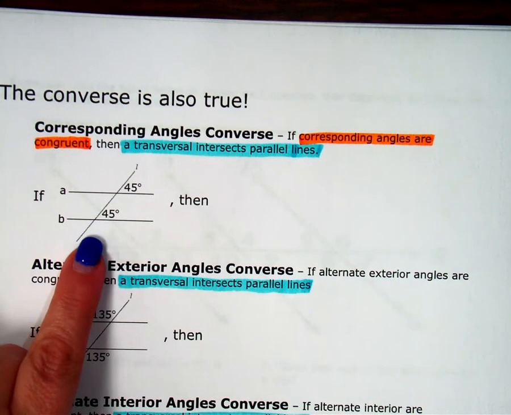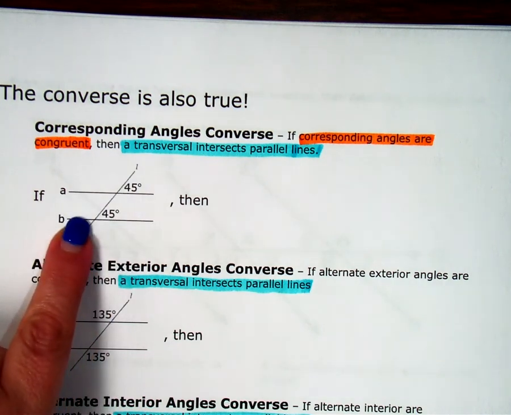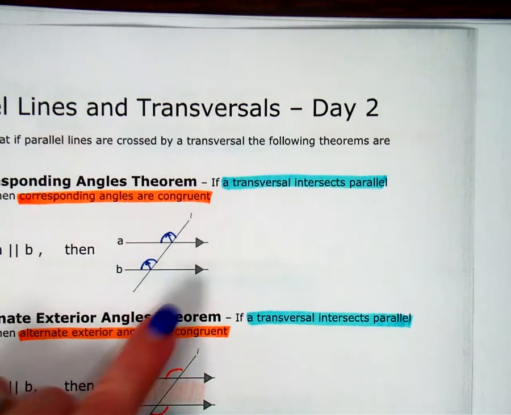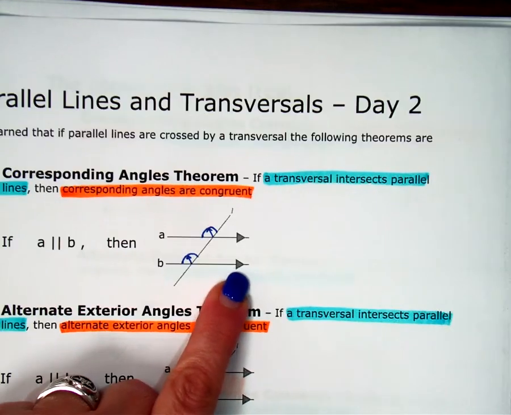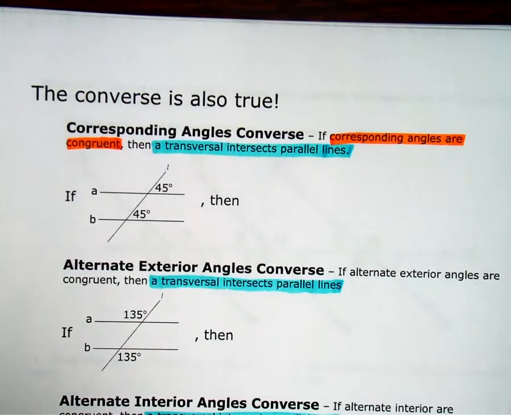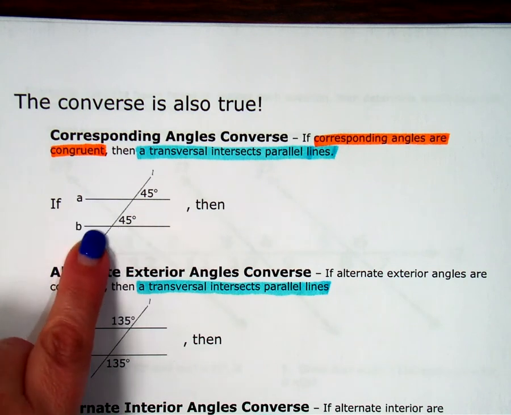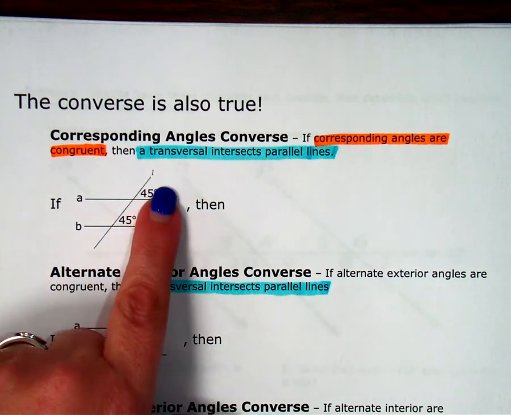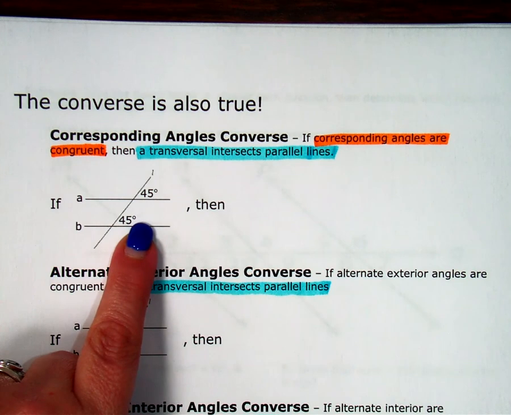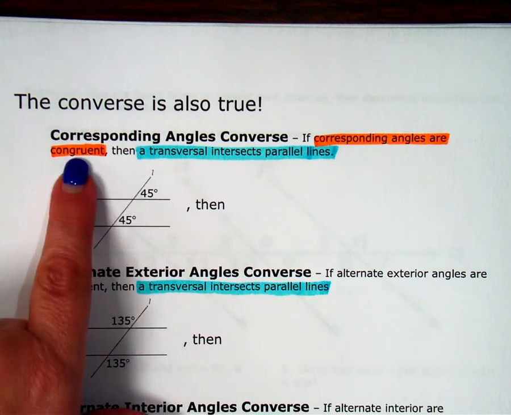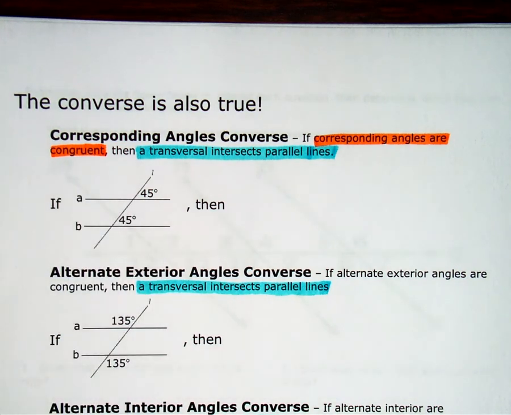Okay, so notice in my picture I don't have those little parallel triangles. Remember before I had the parallel triangles, I knew in advance that I had parallel lines. We can use the converse to prove that even if it's not marked parallel. If I can show that my corresponding angles are congruent, if I show this first hypothesis is true, then the conclusion is going to be the old hypothesis, and it's going to be true: a transversal intersects parallel lines.